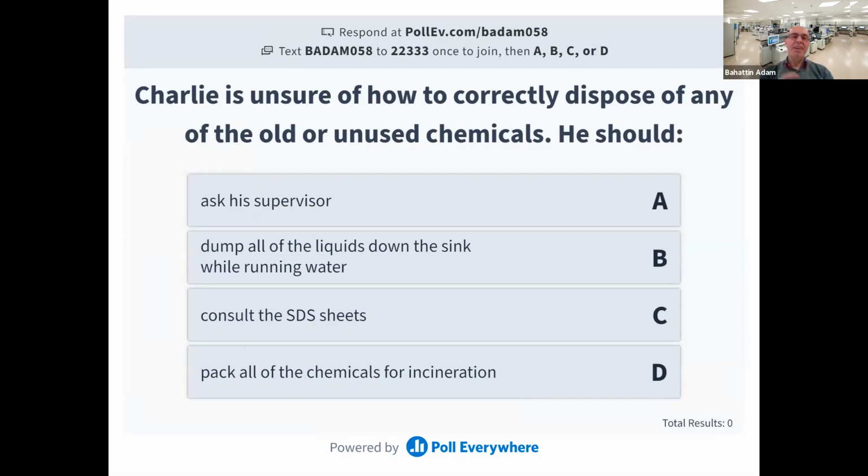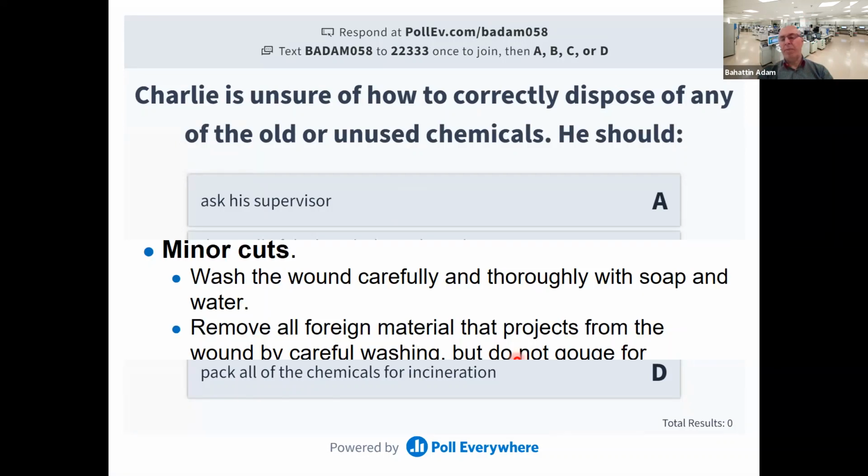Okay, now Charlie, one of the lab staff, is unsure how to correctly dispose of old or unused chemicals. What should he do in these cases?